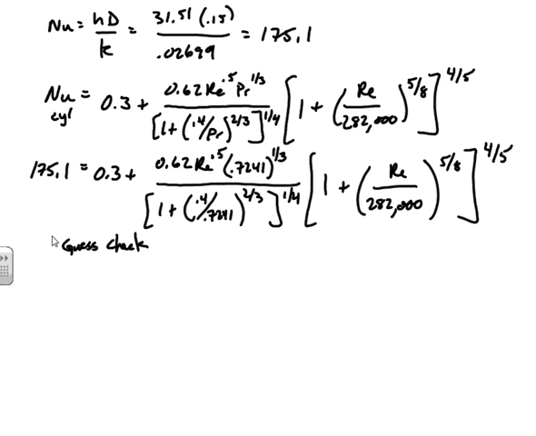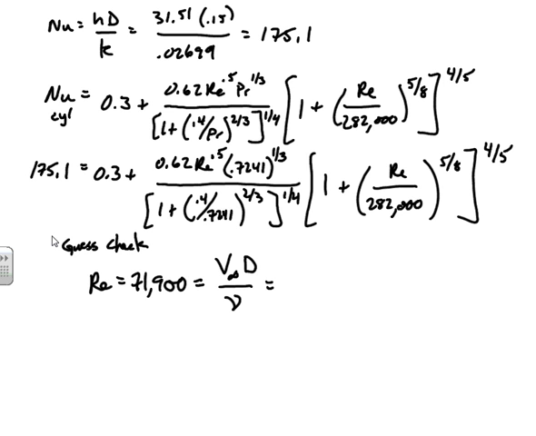And if I do it correctly, what I would find is that my Reynolds number through this equation is equal to 71,900. The definition of the Reynolds number is V infinity times the diameter divided by the kinematic viscosity.